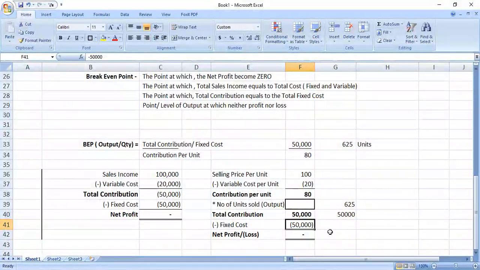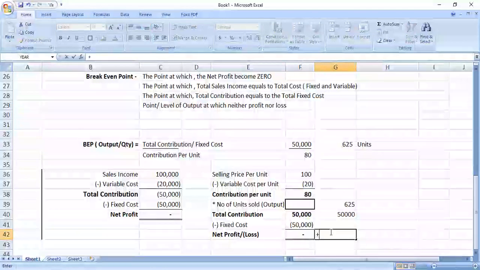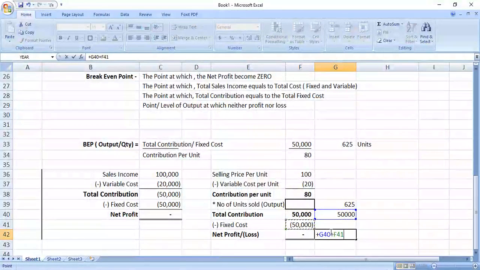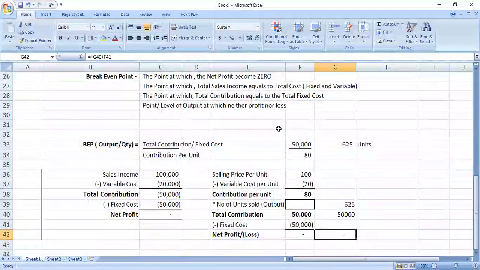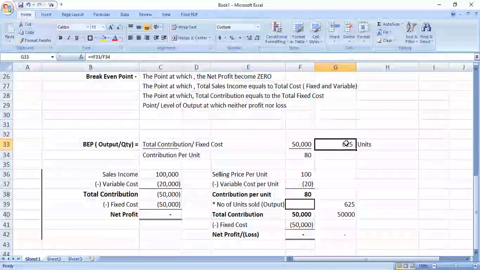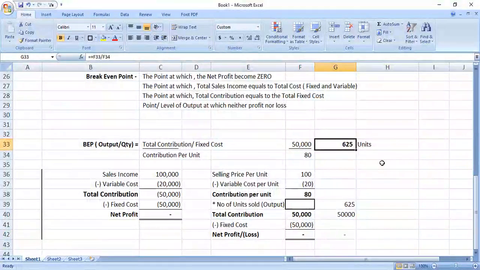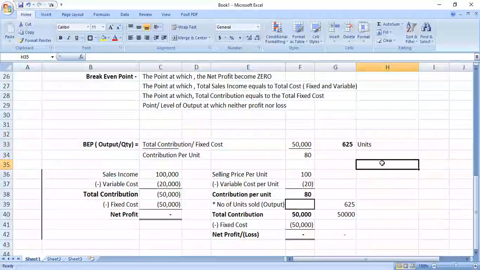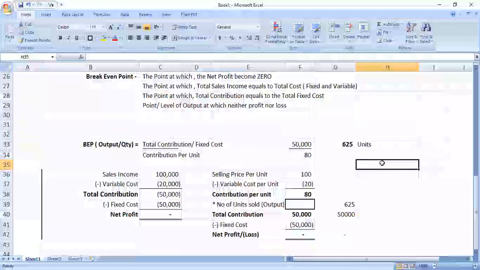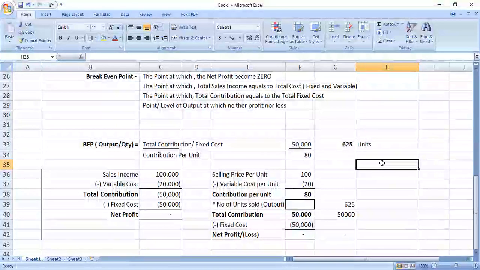So I will have a profit of how much? My total contribution is this, my fixed cost is this, it's zero. So I should see at what quantity I break even, where my income and expenses are the same, or my total contribution exactly equals the fixed cost.